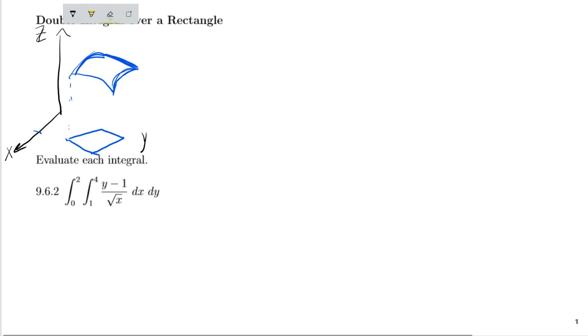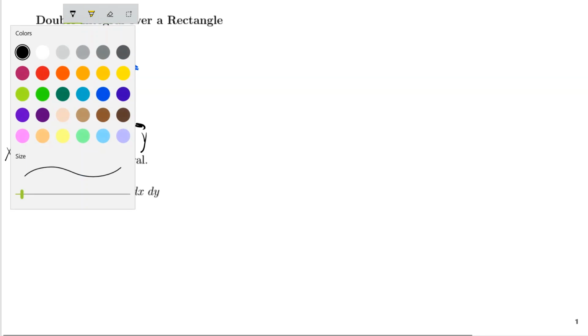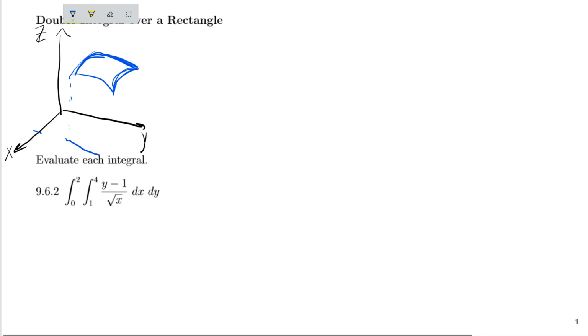I want to erase the y and make it a little bit further over so I can get a better vision of what's happening here. There we go. This drawing is taking me much longer than I anticipated. I should have just inputted one from your textbook. The big thing is I want these to be parallel to x and y. There we go. Cool. Let's erase this weird part.